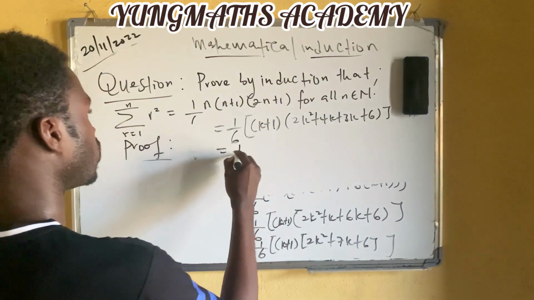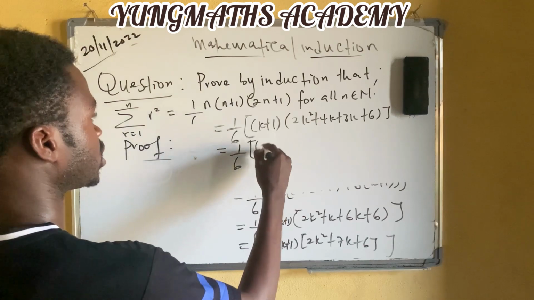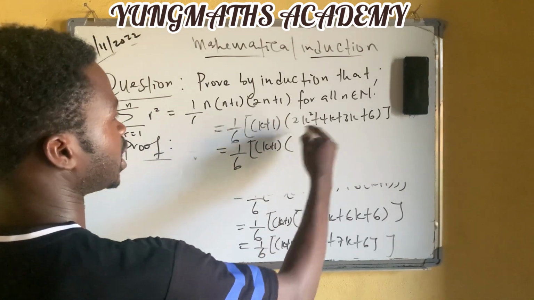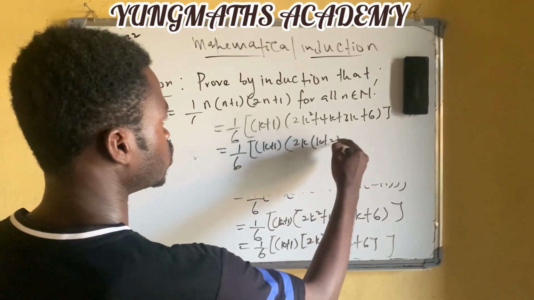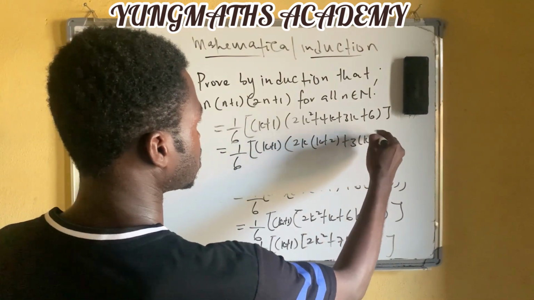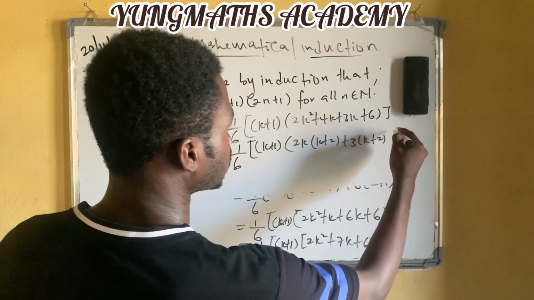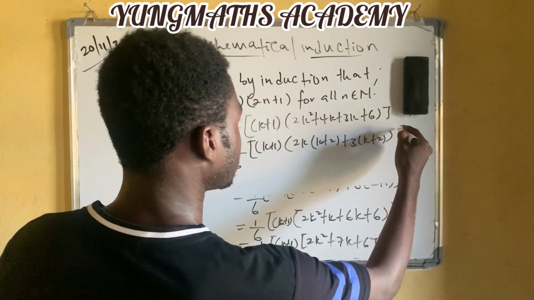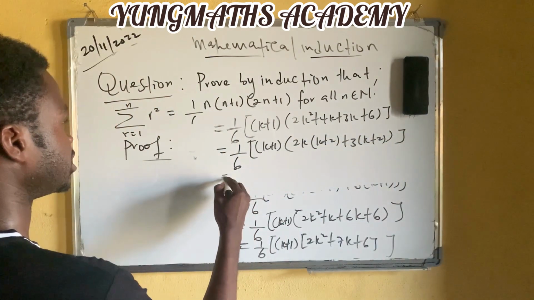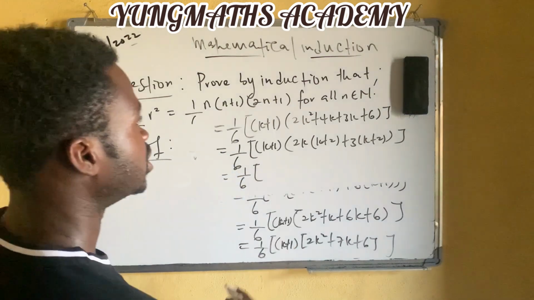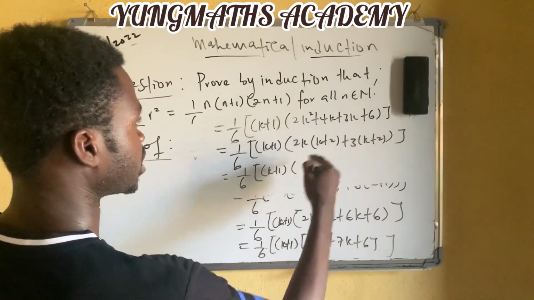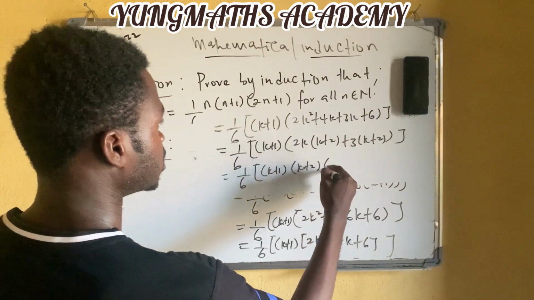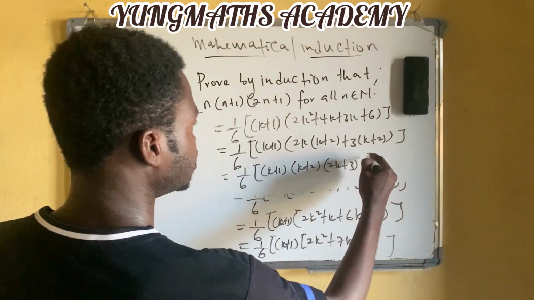This is 1 over 6 into k plus 1. 2k is common, so I have k plus 2, and 3 is common, k plus 2, this way. So this is the same thing as 1 over 6 into k plus 1, k plus 2 and 2k plus 3, just this way.